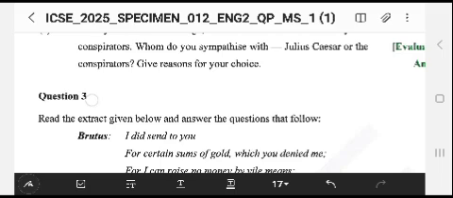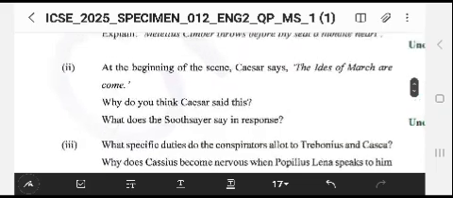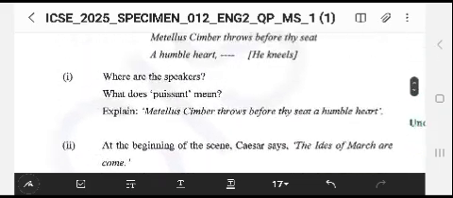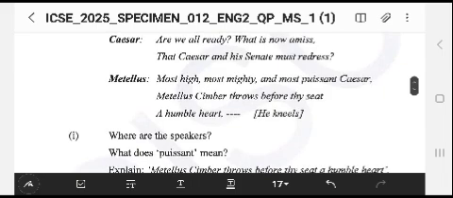But make sure that you are writing proper sentences, keeping the proper tone of the speakers, and everything. And bear in mind that you are writing in neat and legible handwriting, and whatever number of words is required, that many words you have to keep in your writing.